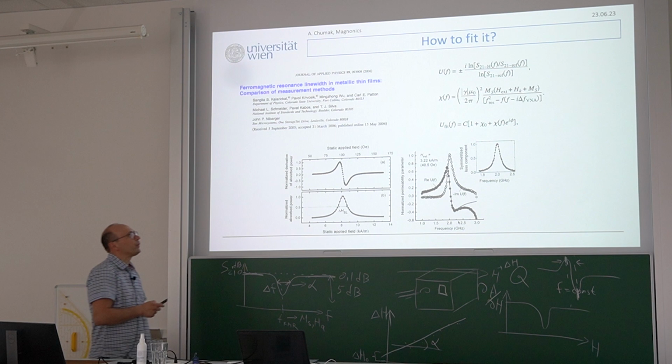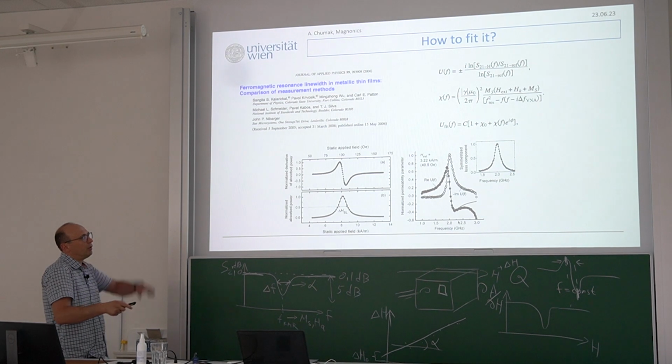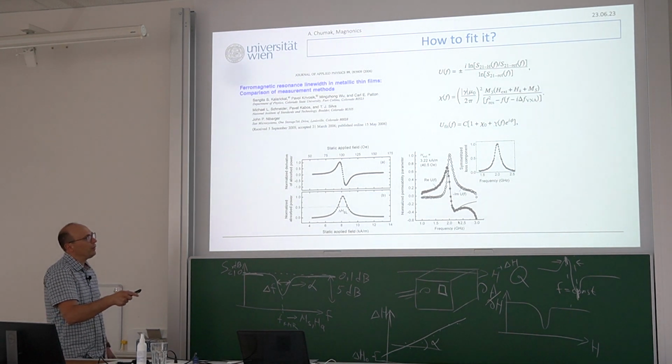Then you fit it with this U fit, which gives you some constant to normalize, again some offset, which shifts everything up and down. And then here stays the susceptibility, more or less like we discussed.